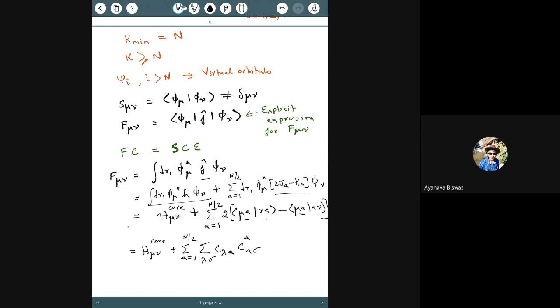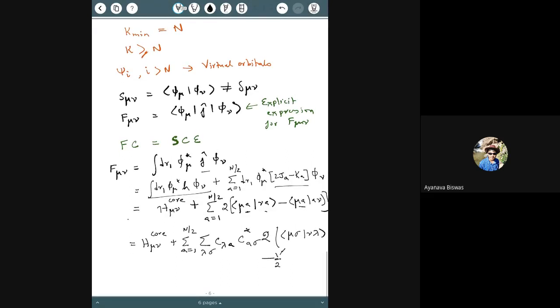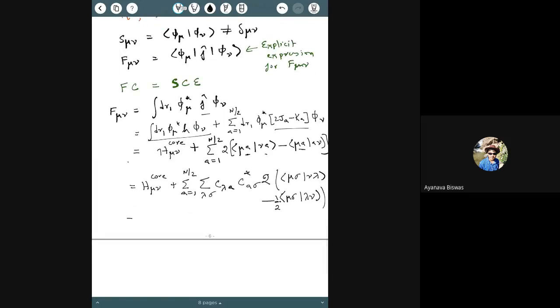Okay. Then I have, and I'm also taking the 2 common because I have something more in mind. So mu sigma nu lambda minus half mu sigma lambda nu. So we have done this before, but I just wanted to highlight some points.